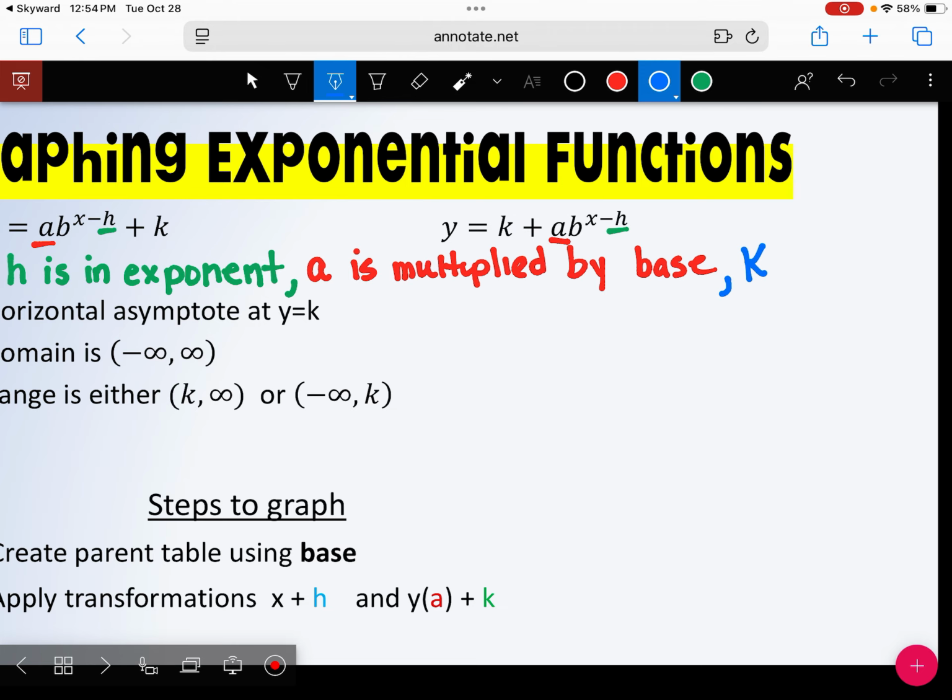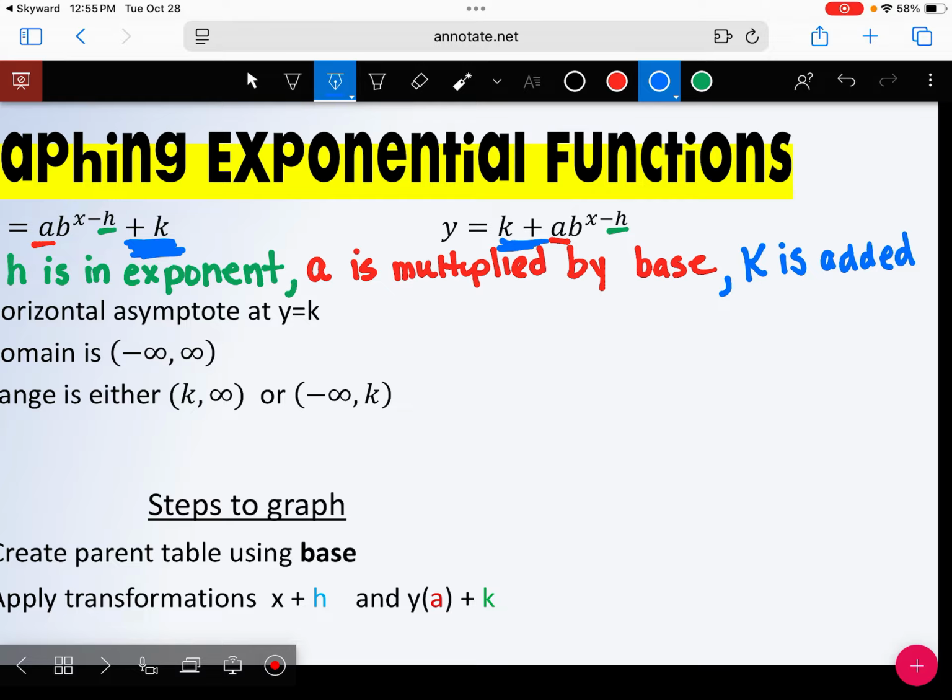K is added. Now, the purpose of me writing it twice is so you can see sometimes the k value is in the back. You see how in this example it says plus k? But I think in your book, k is in the front. It starts off with k and then goes on to a times b to the power of x plus h.